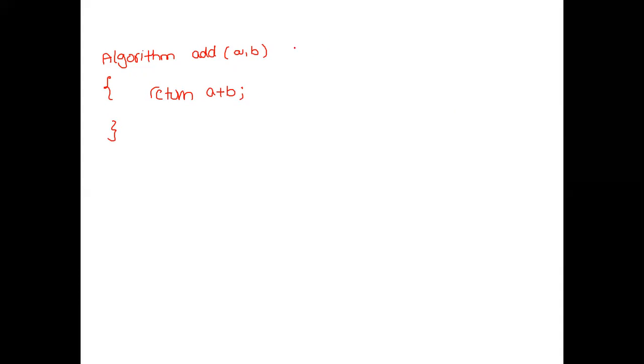Pseudocode convention. In the same way, the simple algorithm we are going to write here: start. For addition of two numbers, we will require two numbers, so read two numbers.